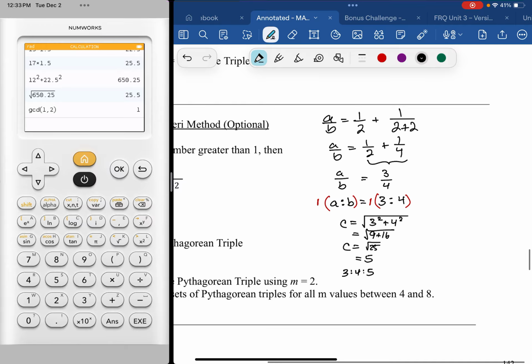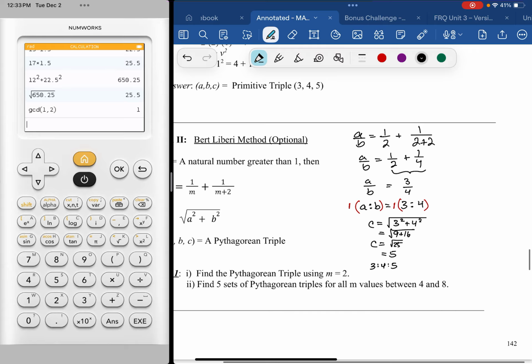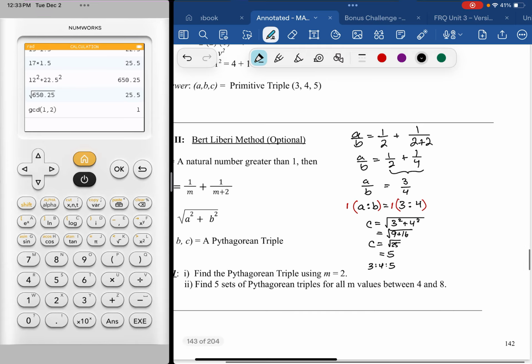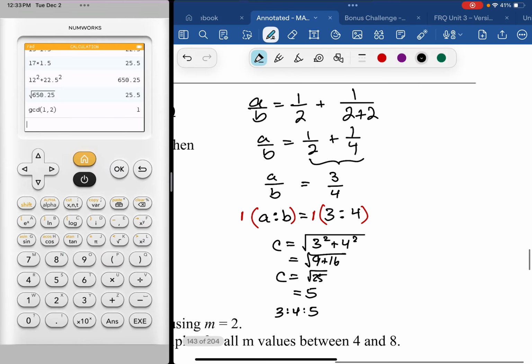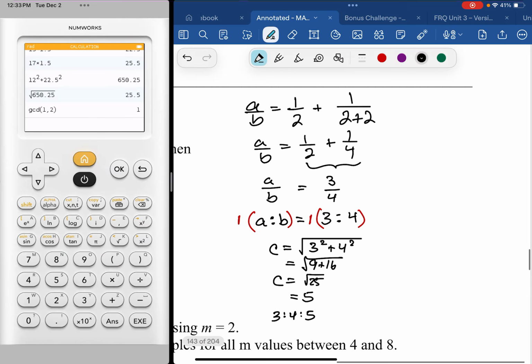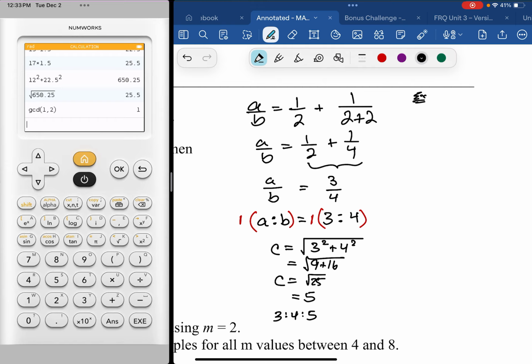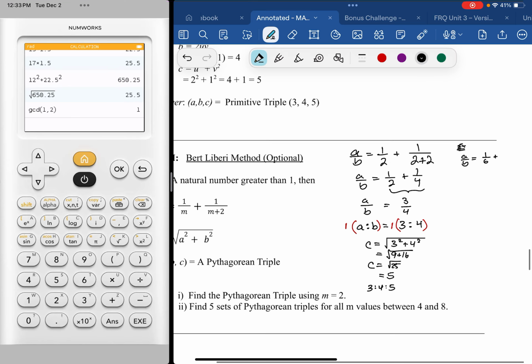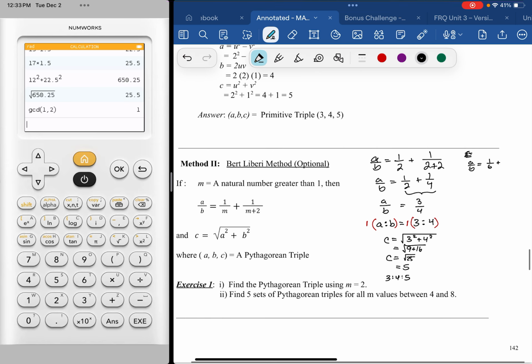Now it's saying to do 5 sets for all m values between 4 and 8. I might not do all of them, but I'll do an example here. Let's say I'll just pick something in the middle, like a 6. So a over b would be equal to 1 over 6 plus, again, the rule is 1 over whatever your m value is.